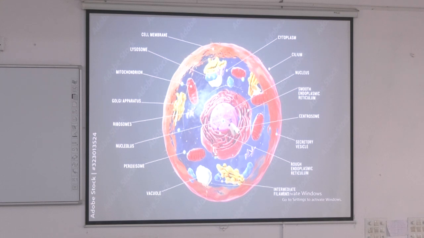So the nucleus plays an important role in the central dogma process and in the synthesis of new proteins. Then there are the smooth endoplasmic reticulum, rough endoplasmic reticulum, Golgi apparatus, and ribosomes. Every subcellular organelle plays an important role in different metabolic functions.